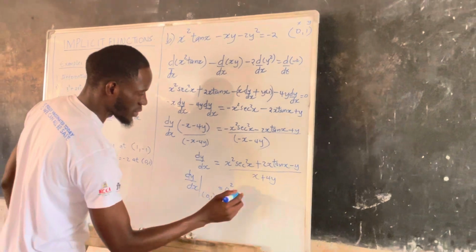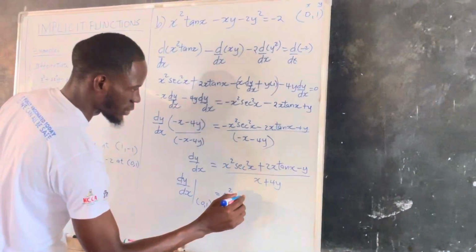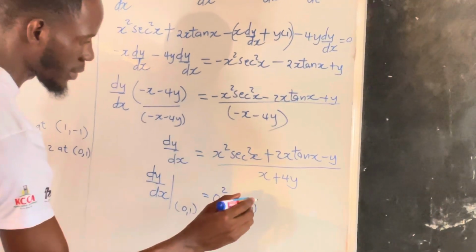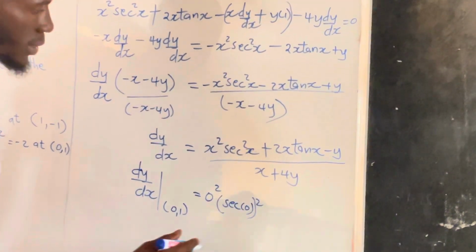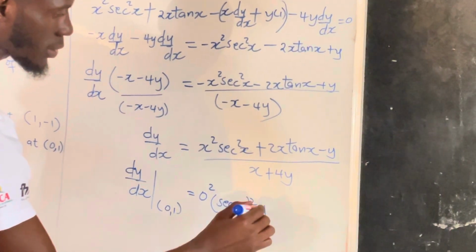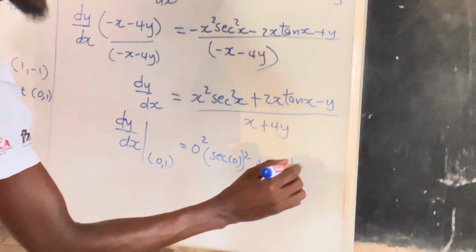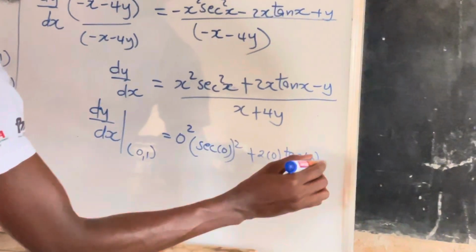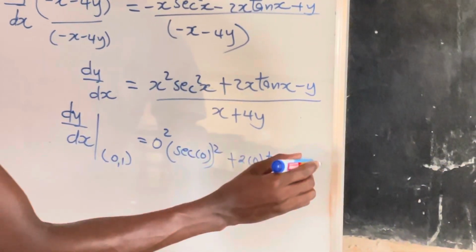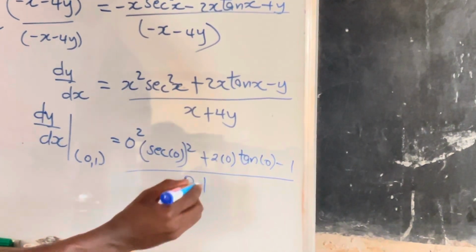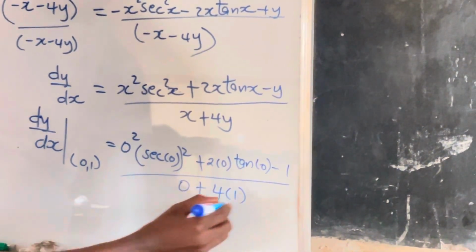Okay, this is going to be 0, so any value after it will go to 0. So I have sec of 0, squared, then plus 2 times 0, then I have tan of 0, minus the value of y, which is 1, and the whole of this is divided by 0 plus 4 times 1.